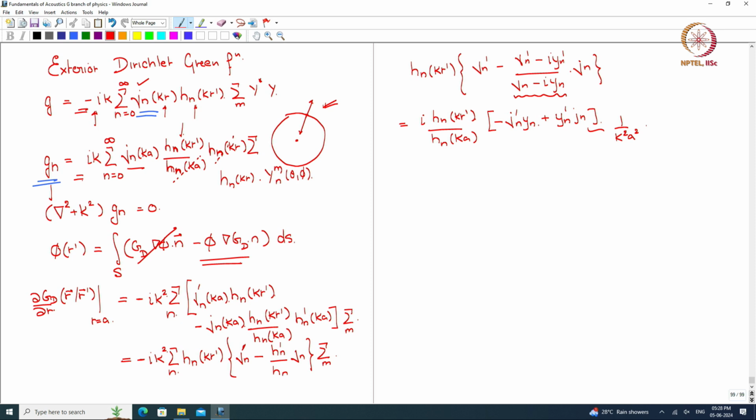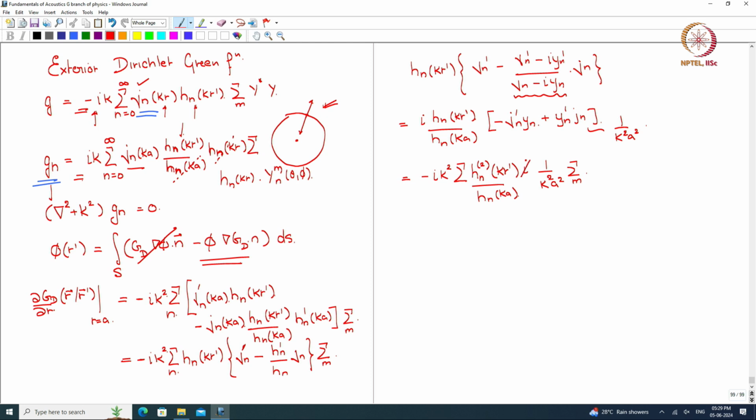So what I have now is equal to minus i k square summation Hankel function of the second kind k r dash, and this interior thing gives me an h n of k a, and this gives me an i, I have an extra i, and 1 over k square a square, and this sum over m.